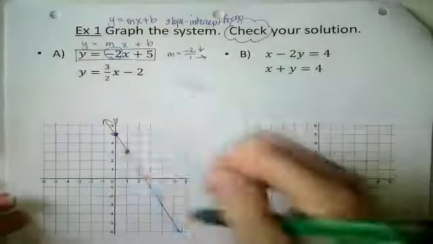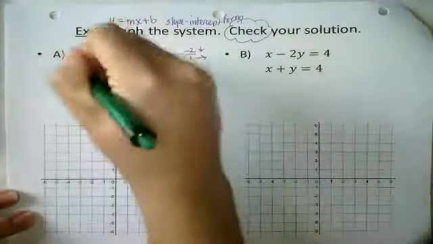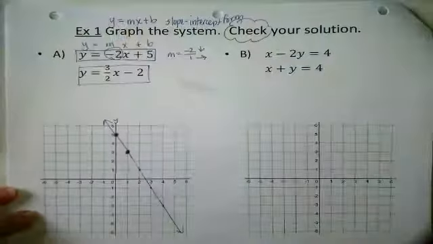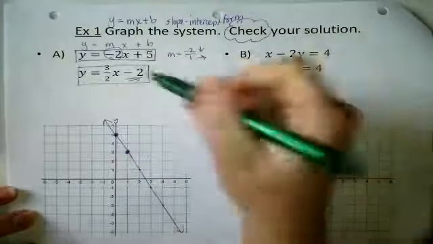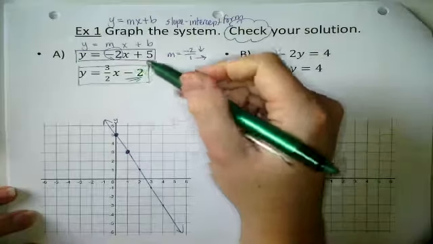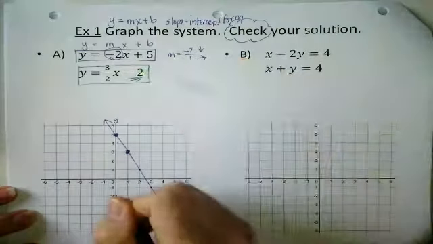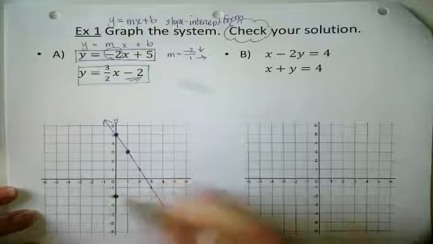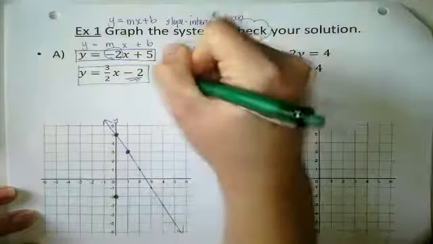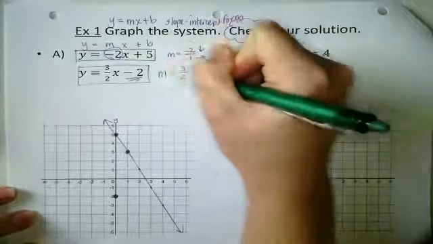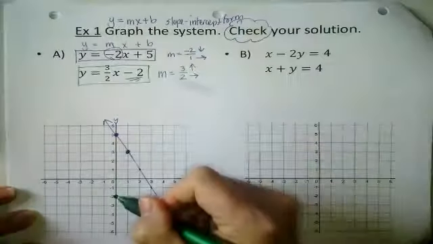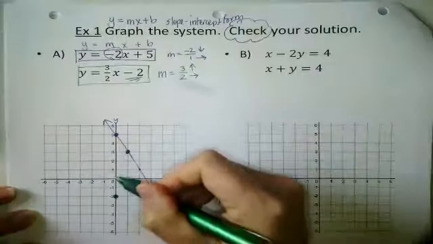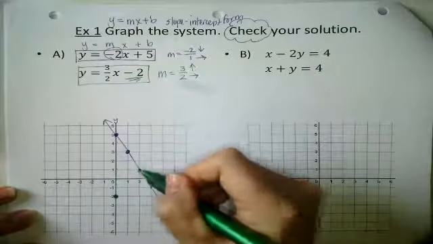After you graph your first line, you're going to want to click the second equation, so it's graphing the second line. Again, here is our beginning point. We're going to start at -2 on the y-intercept. So on the y-axis, we put a point there at -2. On this one, the slope is 3 over 2, and that's telling me to go up 3 and right 2. From this point, we count up 1, up 2, up 3, and right 2.